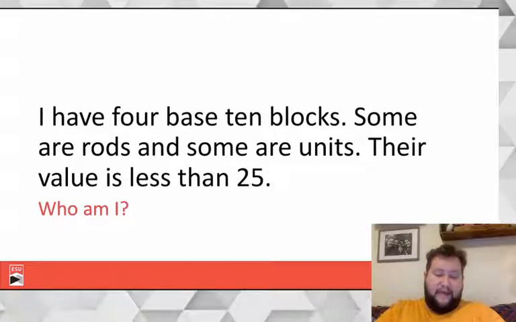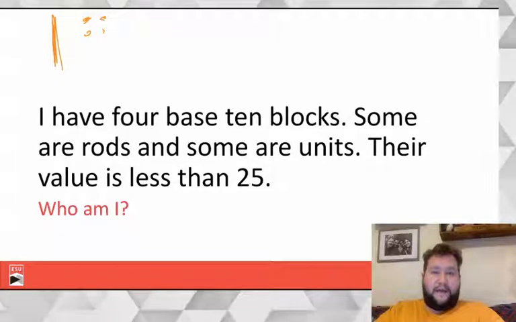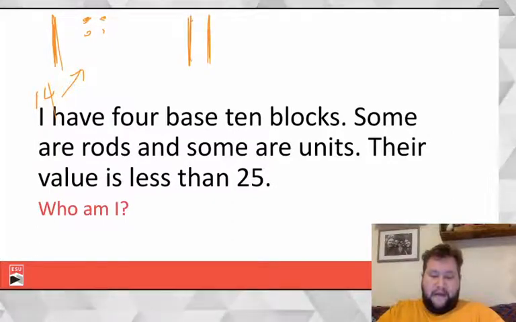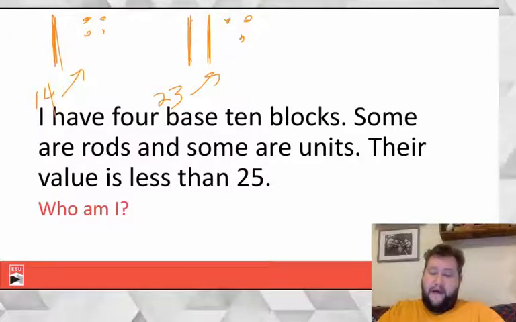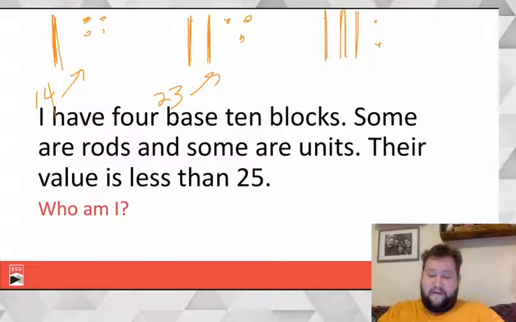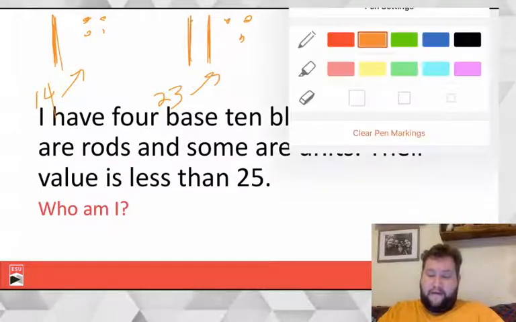I can have 1 rod and 4 units, right? That would make me 14. I could have 2 rods and 3 ones, which would make me 23. I cannot have 3 rods and 2 units because that's 32, so that's not a possibility.